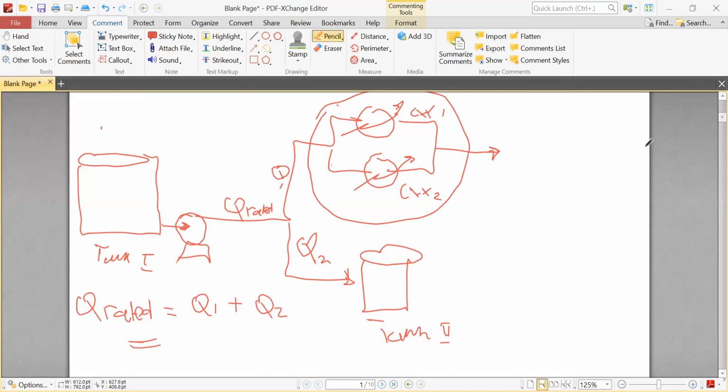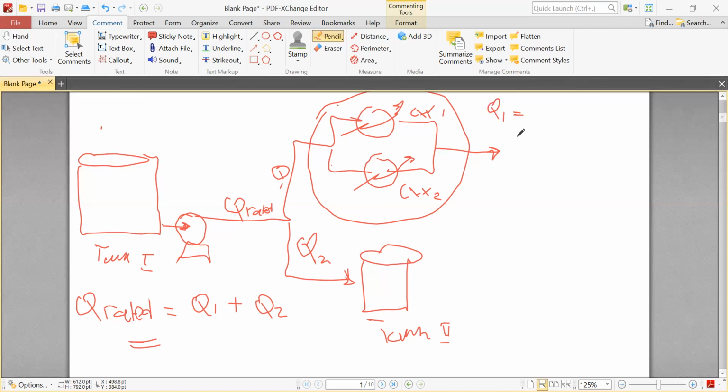And then I will explain what we expect for the values of Q1 and Q2. Let's go first for Q1. We know that the heat exchangers will transfer heat, so we need to first quantify how much heat will be transferred during the operation of cooling water 1 and cooling water 2.